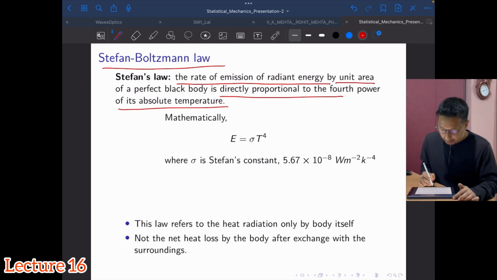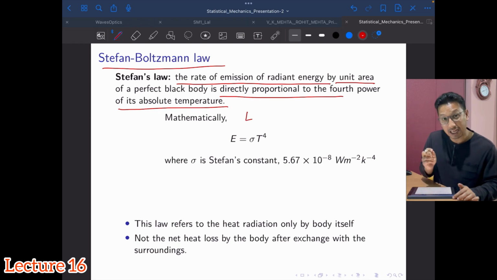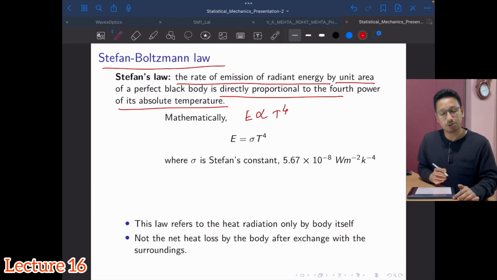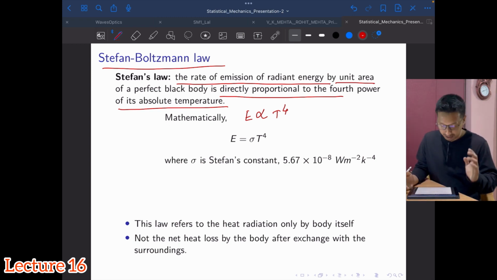Mathematically, if E represents the energy radiated by the black body per unit time per unit area of the black body, that is directly proportional to the fourth power of the temperature. From here you can see, if the temperature increases, the energy radiated per second per unit area of a black body increases.